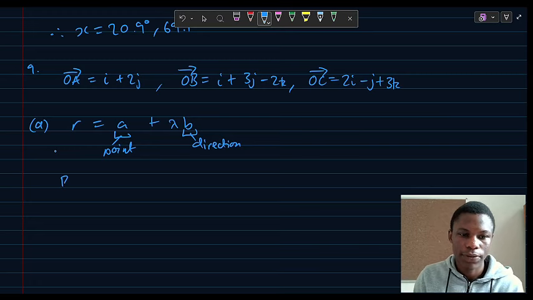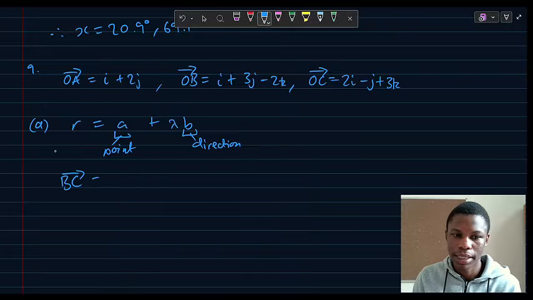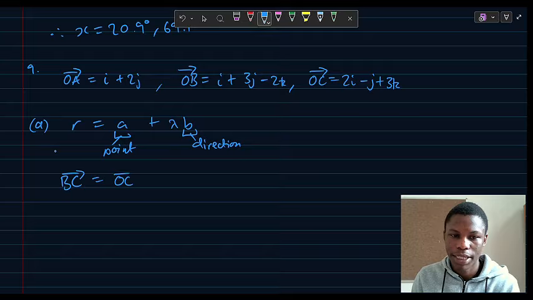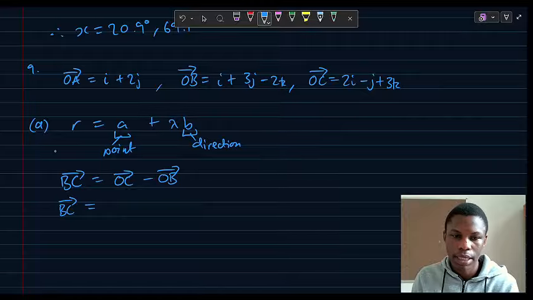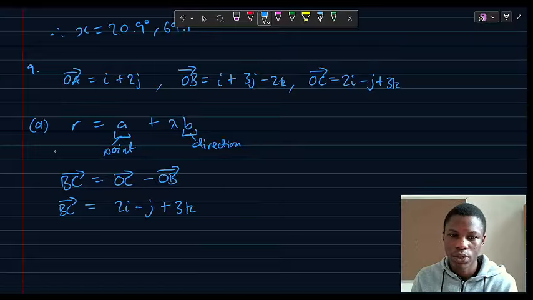So we first need to find our direction vector BC, and we can do that by saying OC minus OB. So BC becomes, OC is the 2i minus j plus 3k, and we want minus OB, so multiply OB by negative 1.